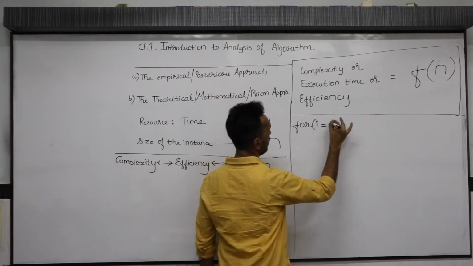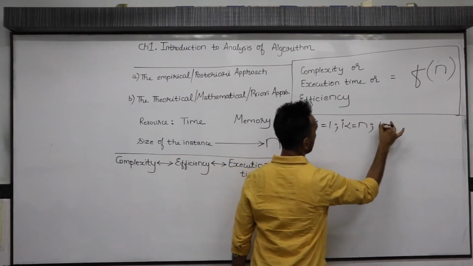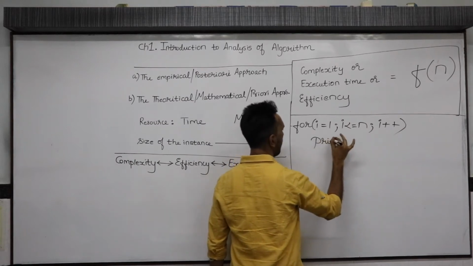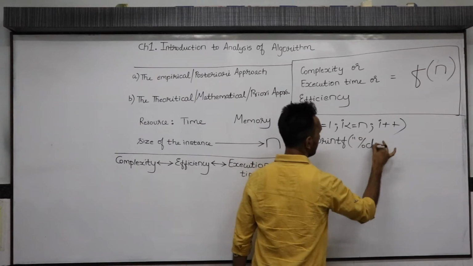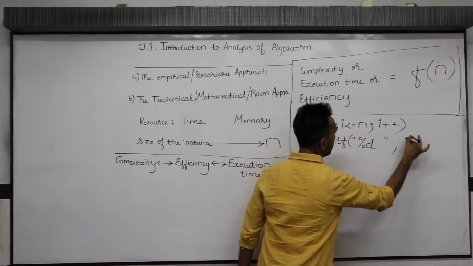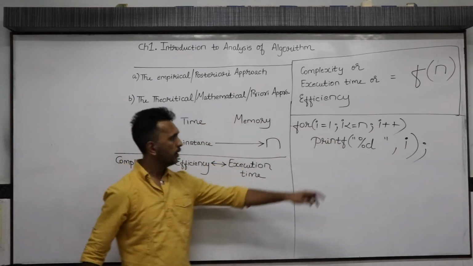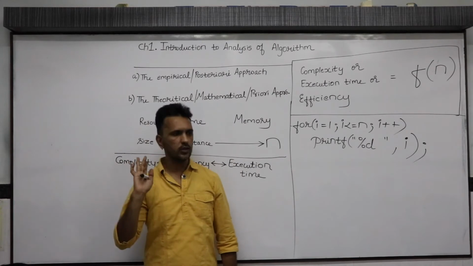for(i=1; i<=n; i++) printf("%d", i). Sorry, n is the input which user will give us. Simple question.